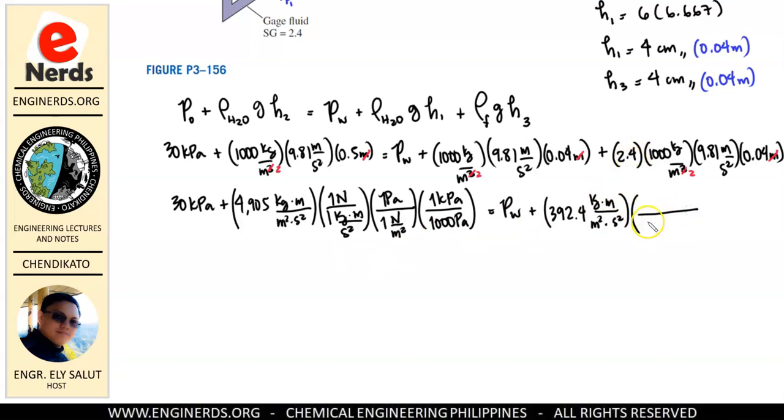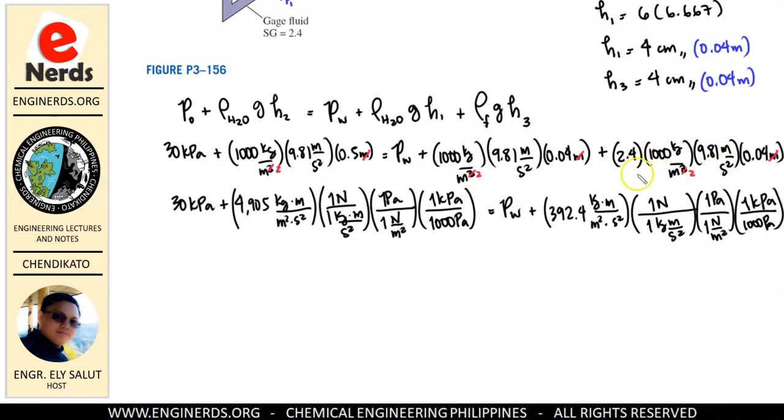So 1 kilogram meter per second squared is equal to 1 Newton. Then 1 Newton per square meter is equal to 1 Pascal. Then 1000 Pascal for 1 kilopascal. Okay, so ito pa lang yon.